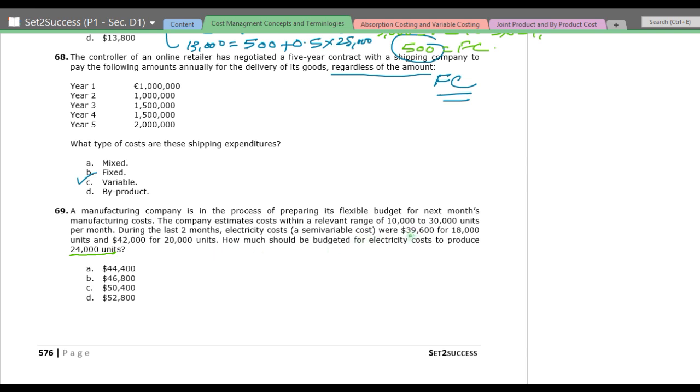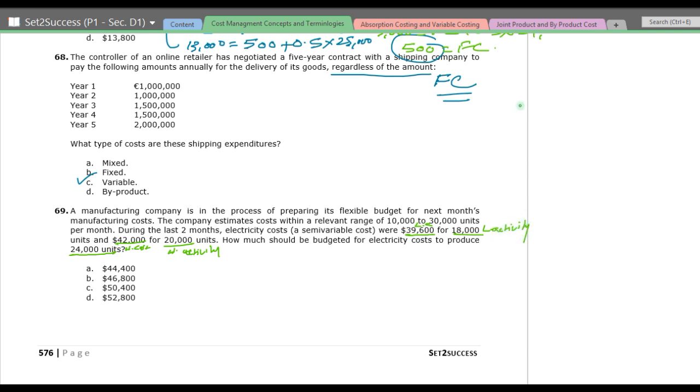39,600 is the lowest cost, and 42,000 is the highest cost, and this is the highest activity, and we have the lowest activity.